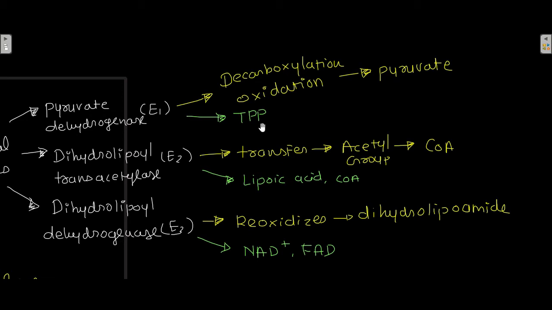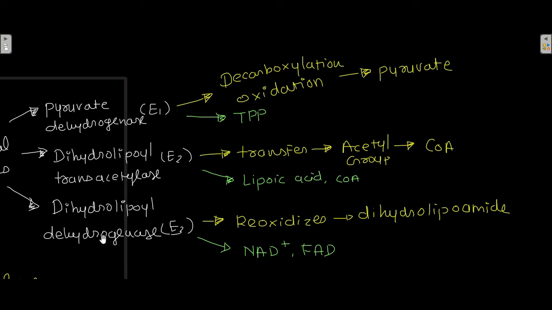That is, thiamine pyrophosphate acts as the cofactor of pyruvate dehydrogenase. After that we have dihydrolipoyl transacetylase. This enzyme transfers the acetyl group to coenzyme A, and lipoic acid and coenzyme A act as cofactors of dihydrolipoyl transacetylase.